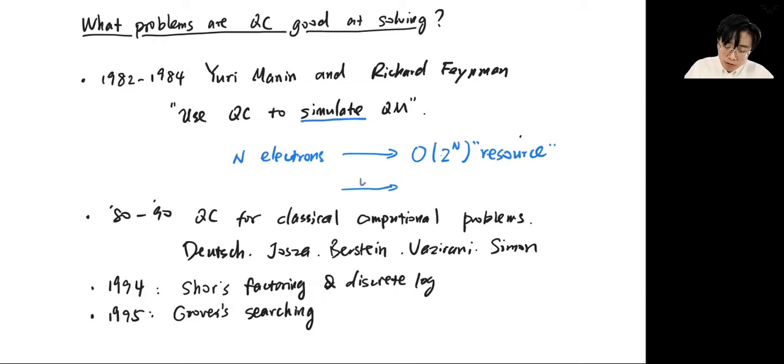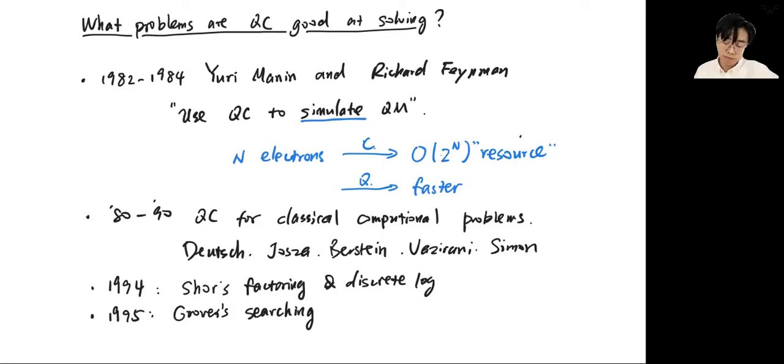Whereas quantum mechanically, with a quantum computer, it is believed that we can do that a lot faster. But it is challenging to do that because we need to build a computer out of quantum mechanics itself to start with.